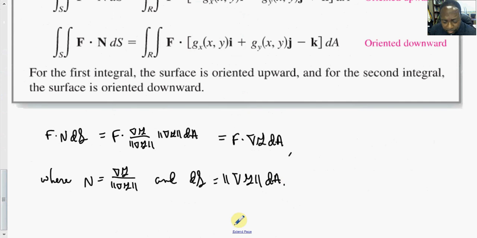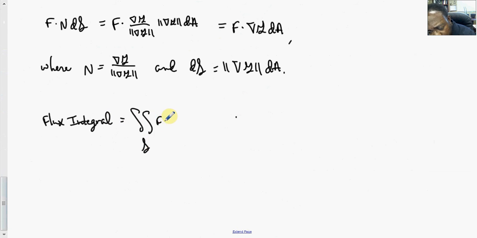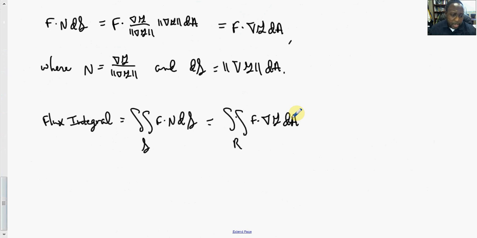So with that in mind, we have this flux integral, which is this double integral over the surface of the dot product of F and N dS. I reduce this to the double integral over the region of F dot with the gradient of G dA. That's what I use.